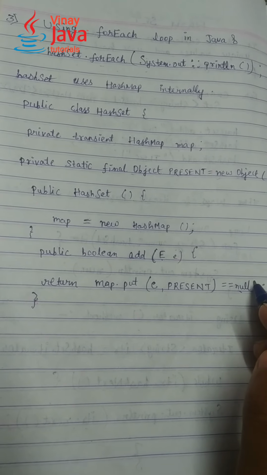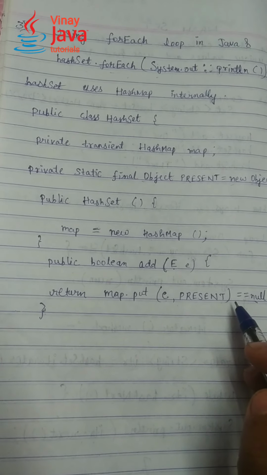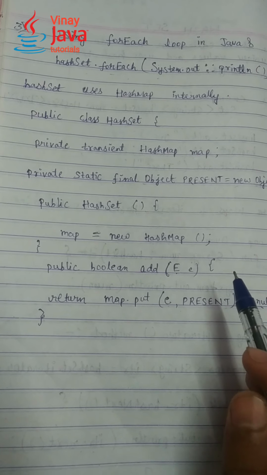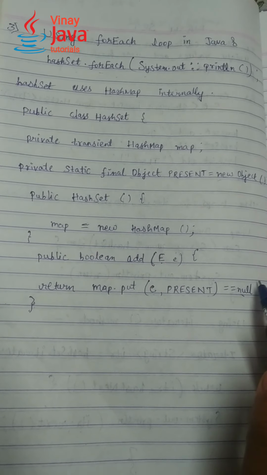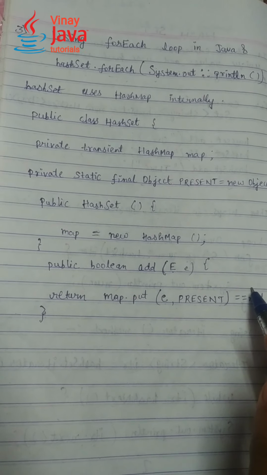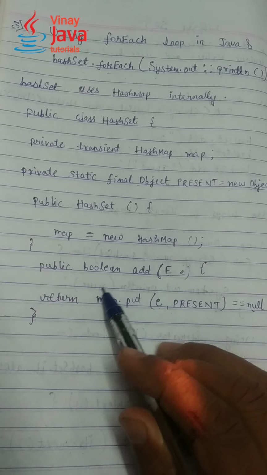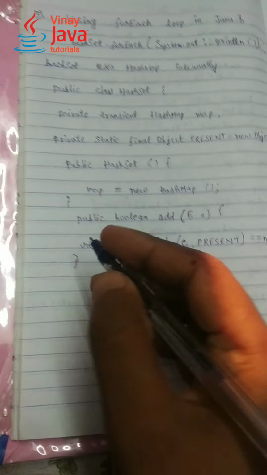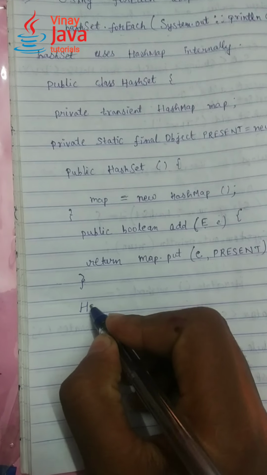So what does it return? Boolean, true or false. When one element is added in the hash set, this whole expression will return true. But when a duplicate is added in the hash set a second time, it returns false. That is why if I add duplicates, hash set will not allow the duplicate elements.